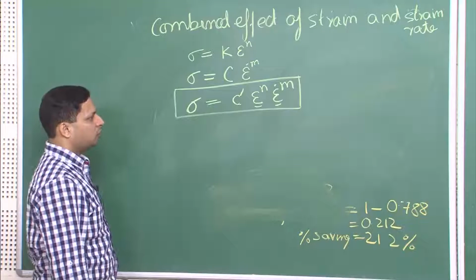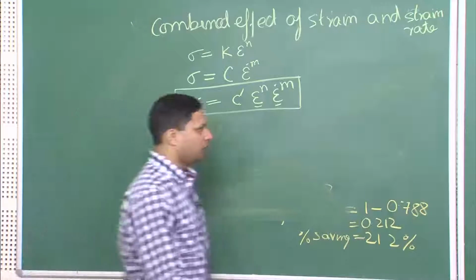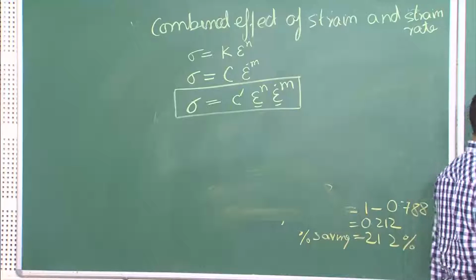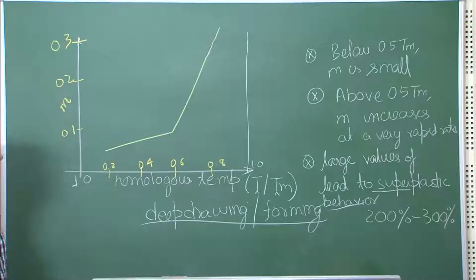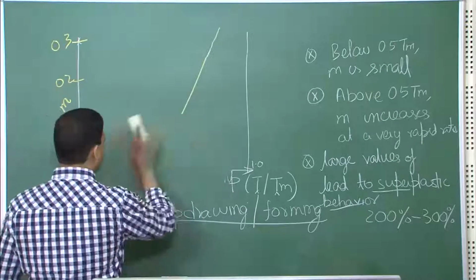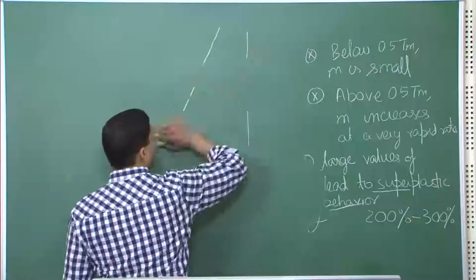We will now move on to the effect of temperature. Again, we have already seen one effect of temperature over here, and that is on the value of m. But that is not all. Temperature has an independent effect on the material.